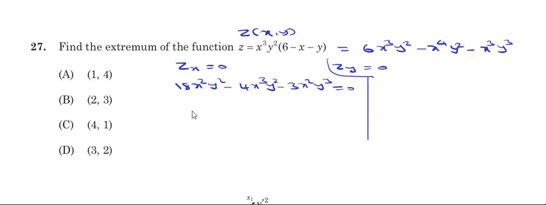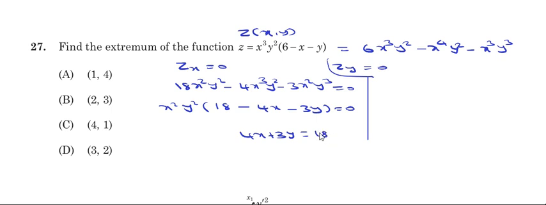Now you can take x square y square common. So we will get 18 minus 4x minus 3y equal to 0. So from this we will get 4x plus 3y equal to 18.